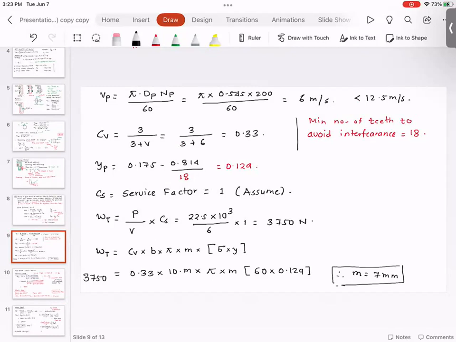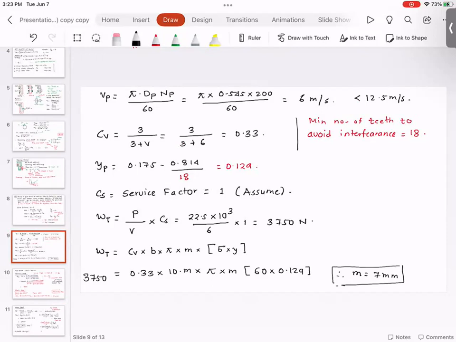And then use the equation WT is equal to CV times B times pi times M multiplied by the stress multiplied by the Lewis's form factor.